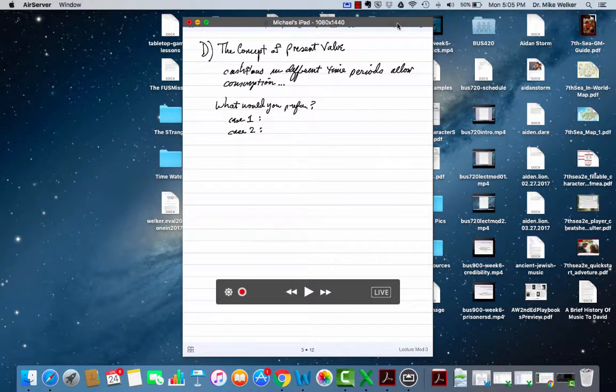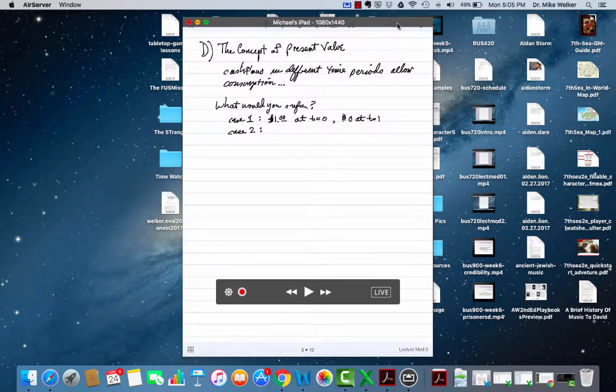Let's say you could get $1 at time period 0, so right now, or would you like to get $0 at time period 0 and then afterwards at time period 1?